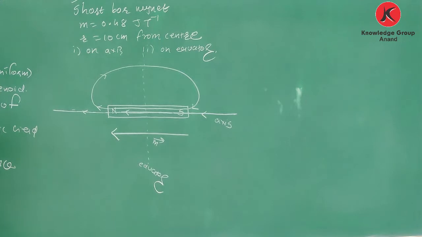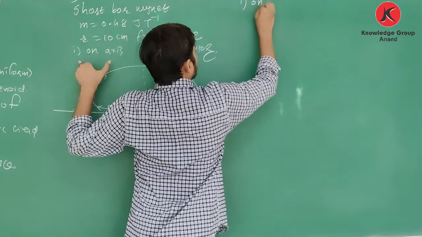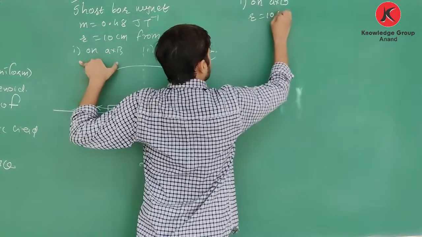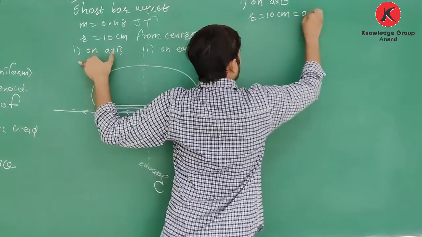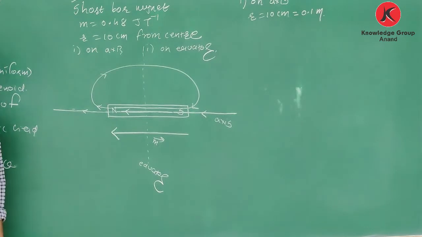Okay. Now, what is given? First of all, on axis, r is equal to 10 centimeter, which means 0.1 meter. You are given a short bar magnet.